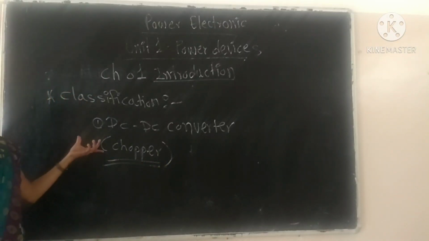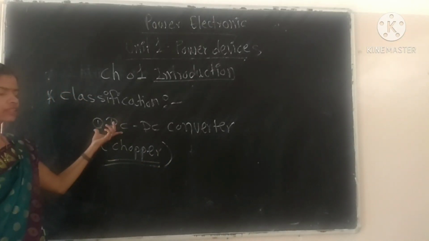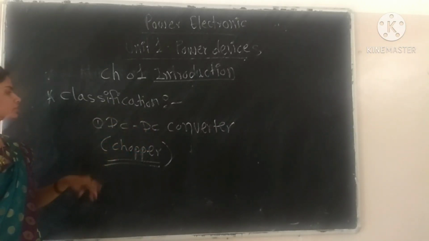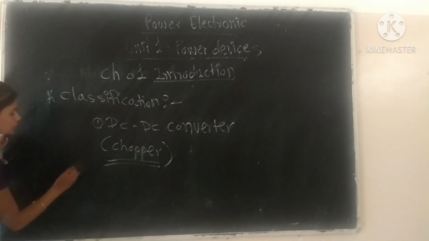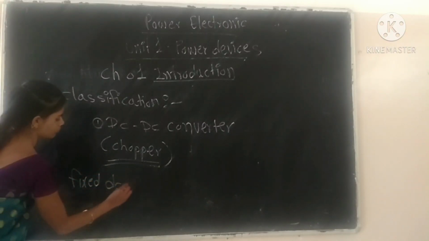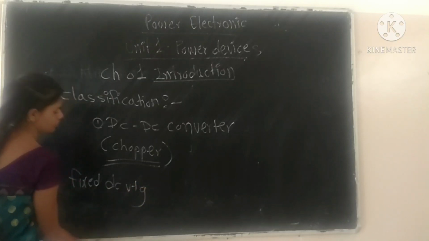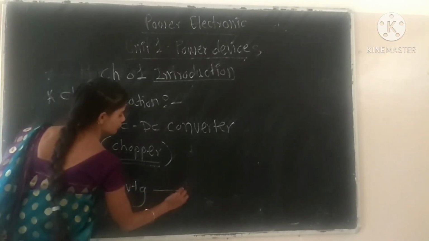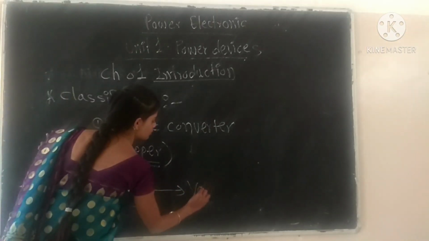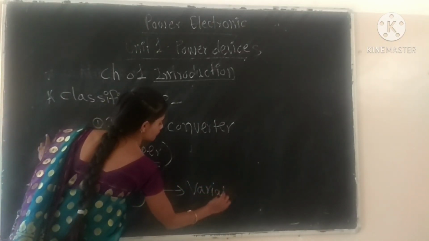The function of the chopper is to convert its DC voltage into a variable DC voltage. This converter is given a fixed DC voltage as input, and the output is a variable DC voltage.